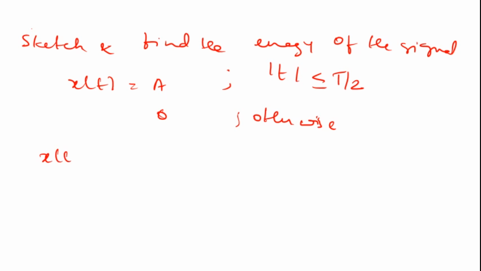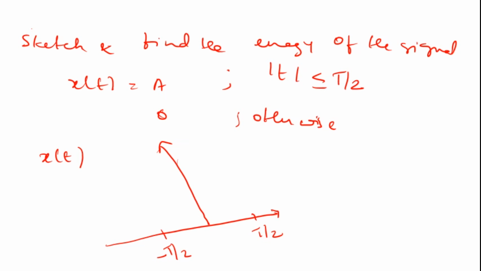Then x of t is from minus T by 2 to plus T by 2 with amplitude A. This is x of t.